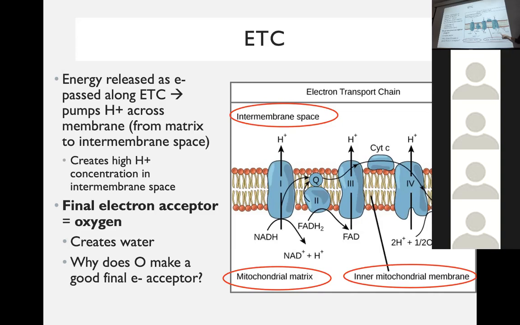Do you guys have any idea why oxygen is a really good final electron acceptor? Think back to water. When we were talking about water, you have the 2 H's and the O, and it's a polar molecule, right? So which of those, the H's or the O, is holding on to the electrons a little bit closer?